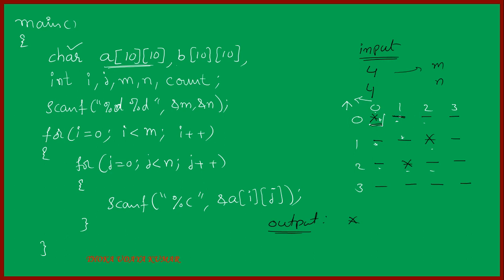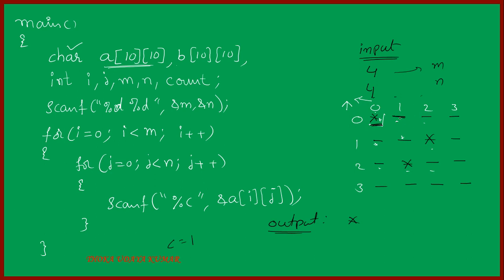Then we will check the upper three values. Those are above the minimum row index 0, so we should not consider them. Now we will compare the left side value. It is a star, so the counter value will be 1.